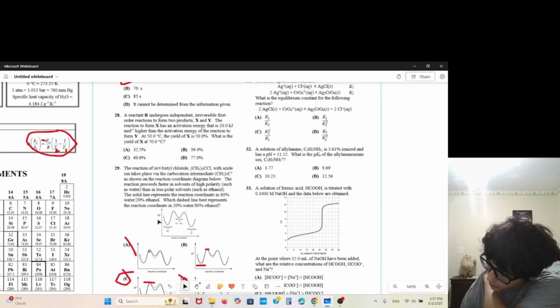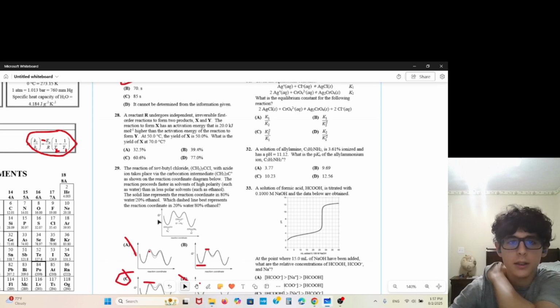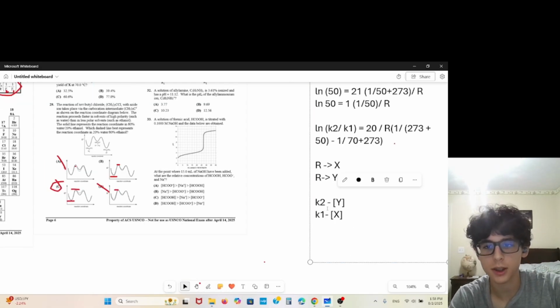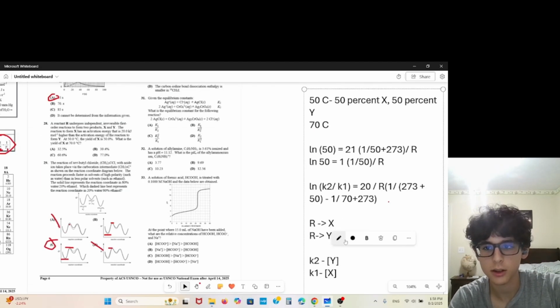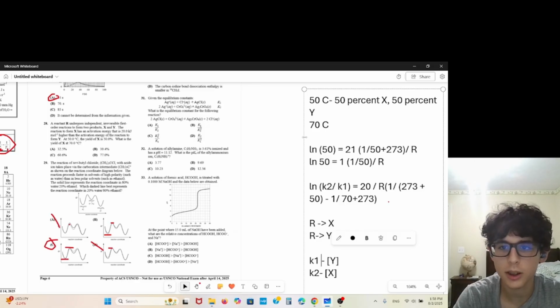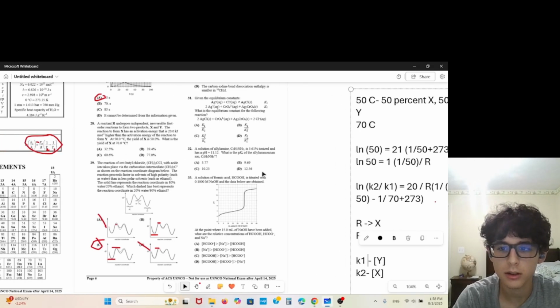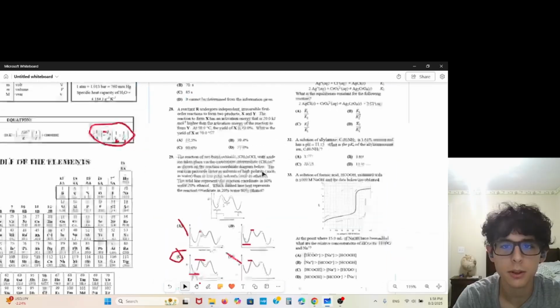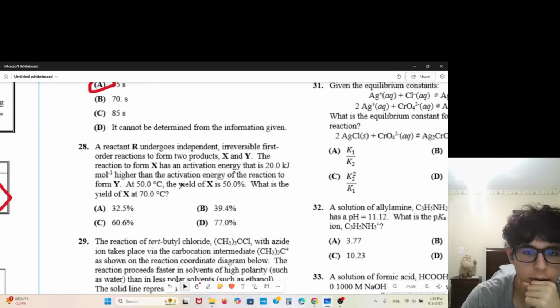Basically, I'm assuming K2 is X, sorry. Because we're trying to solve for yield of X, we put X as K2 at the top.